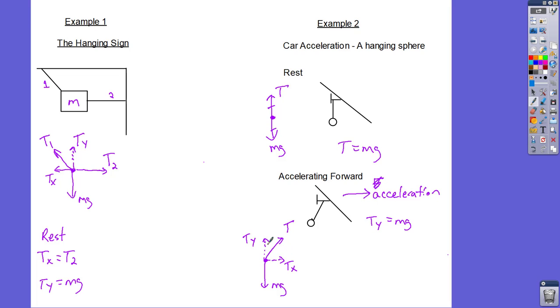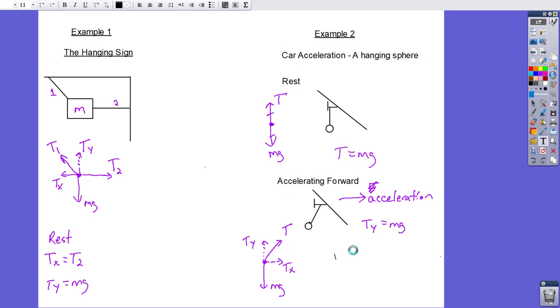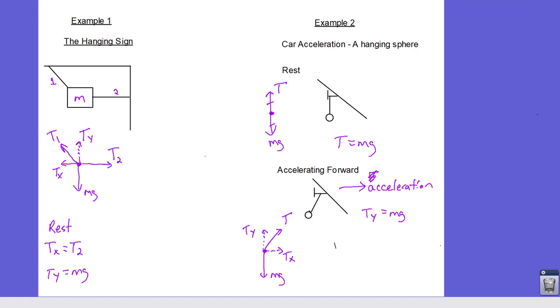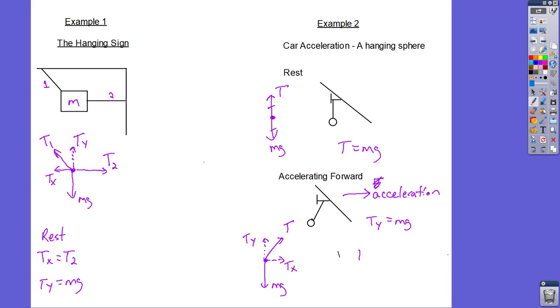But in the horizontal direction, we know that it is accelerating. So we know that F net is equal to ma.